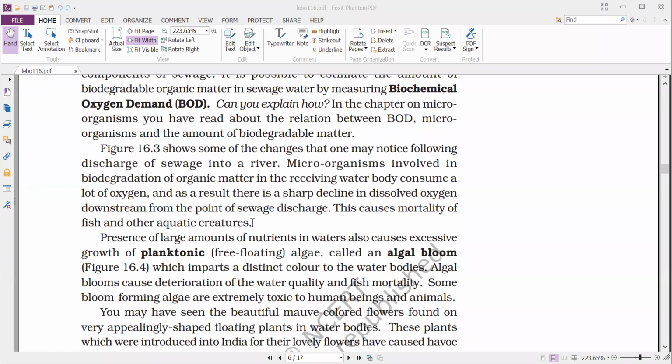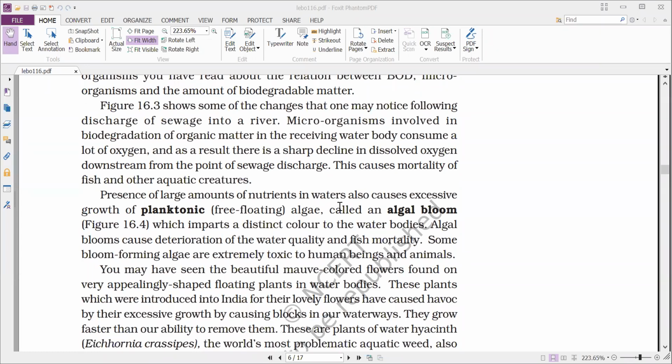The presence of large amounts of nutrients in waters also causes excessive growth of planktonic algae called an algal bloom. That means when we are using more phosphates and nitrates, generally used to grow croplands effectively, the farmers use nitrates and phosphates.